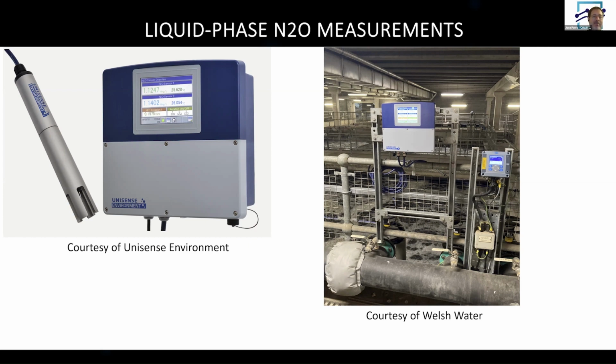But this doesn't generally tend to be very much. I think Unisense says that it's somewhere in the range of 10 to 15% at times. But the good thing is that that can easily be corrected with measuring in the off gas simultaneously for a period of time. And then with that emission data, you can correct the KLA and then get a much more accurate, more reliable calculation of what the emissions are.